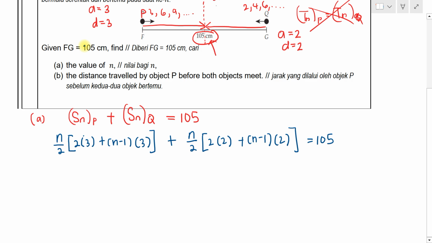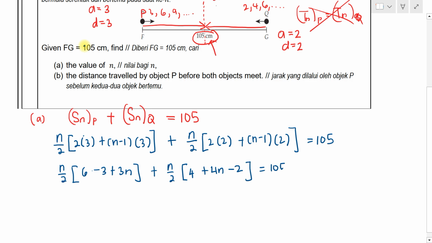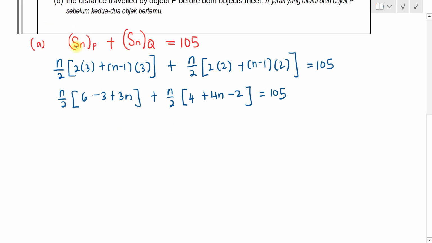Let's settle inside the bracket first. n over 2, 6 plus 3n minus 3, plus n over 2, 4 plus 2n minus 2, equals 105.